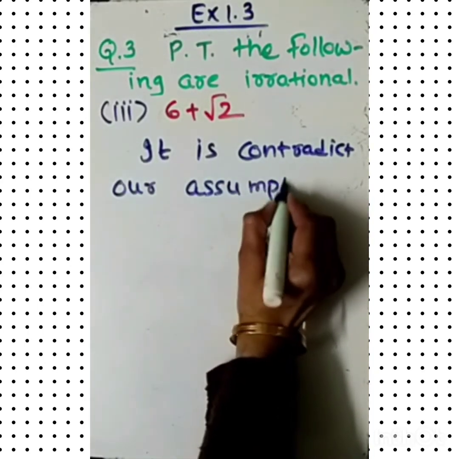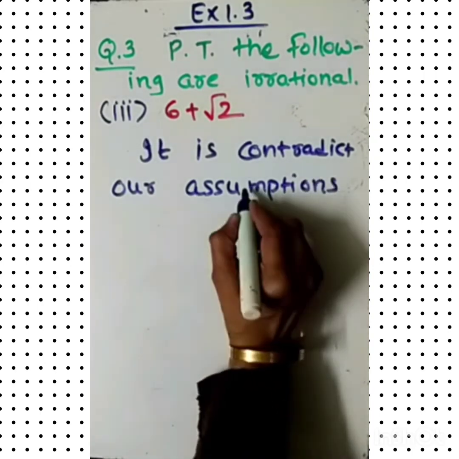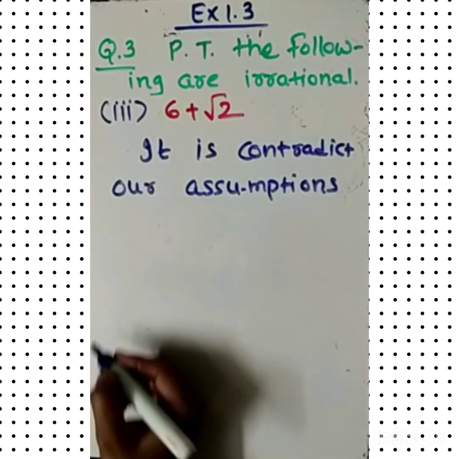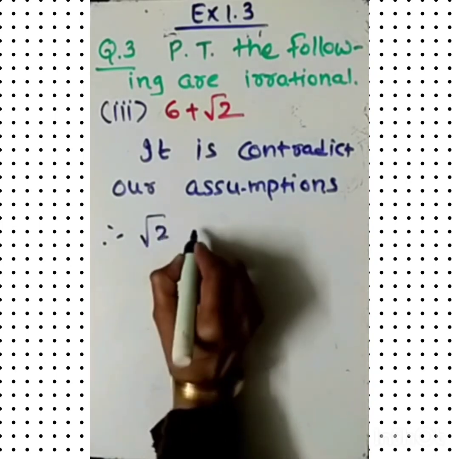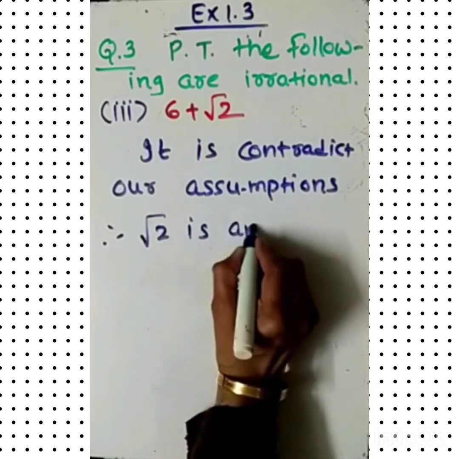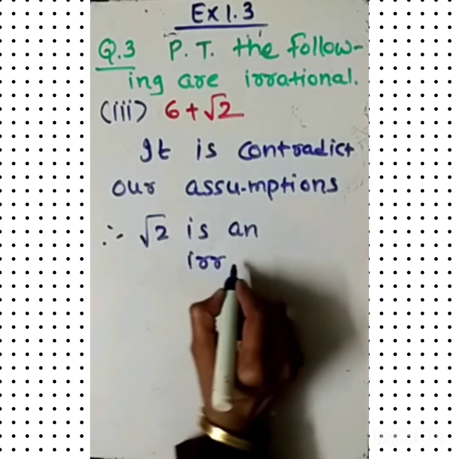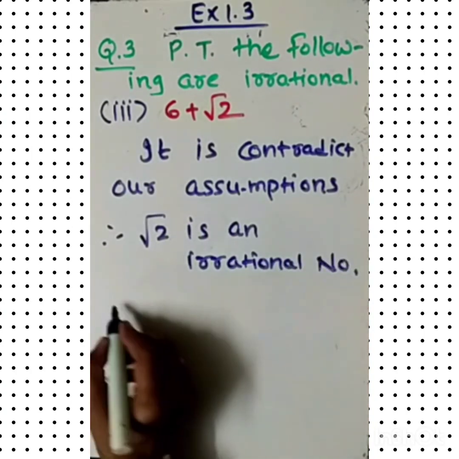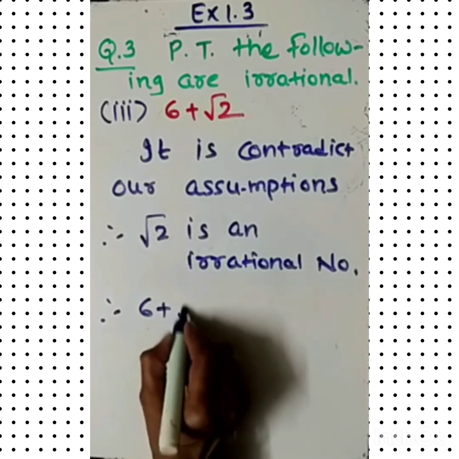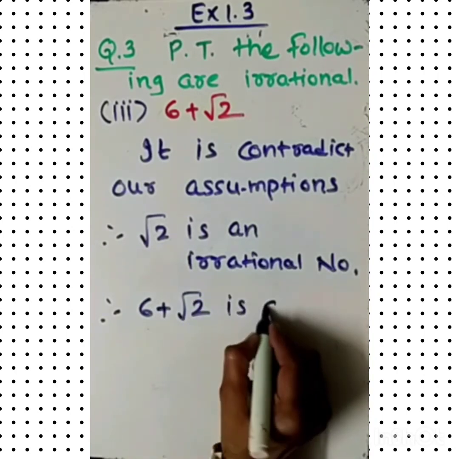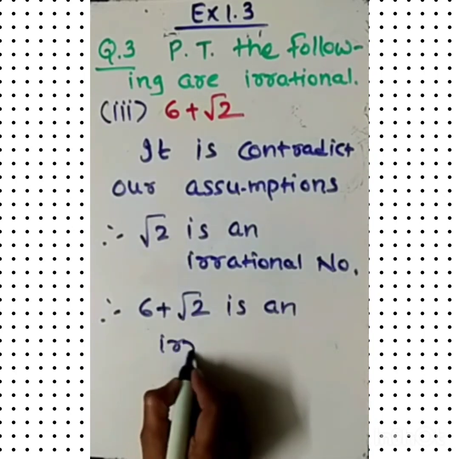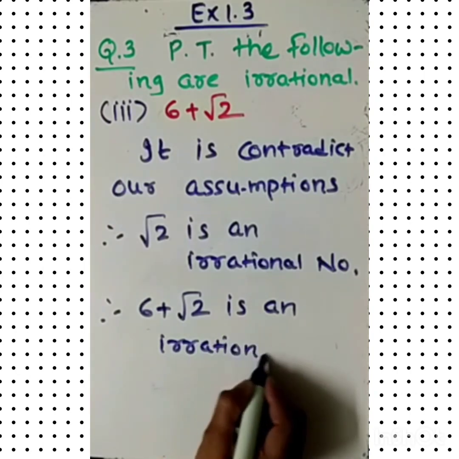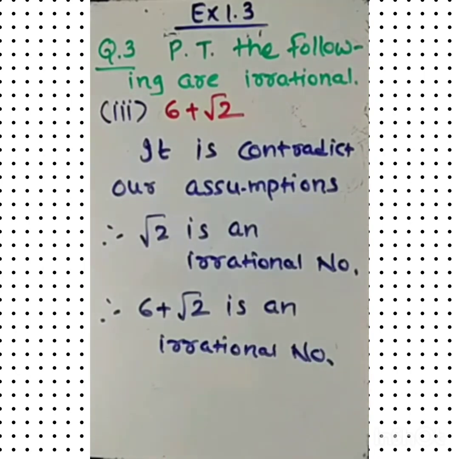Therefore, root 2 is an irrational number. Therefore, 6 plus root 2 is an irrational number.